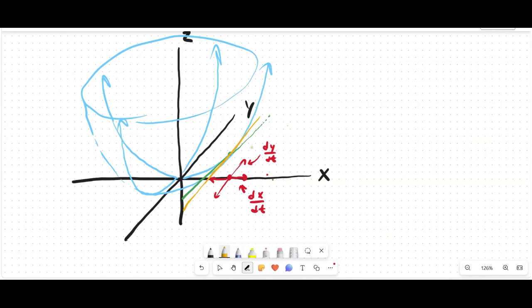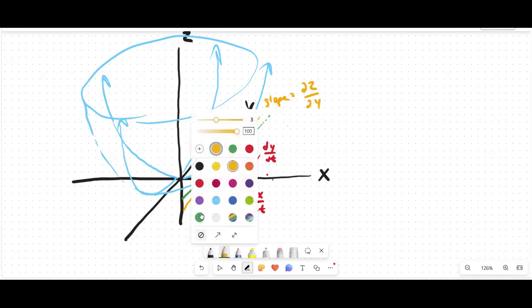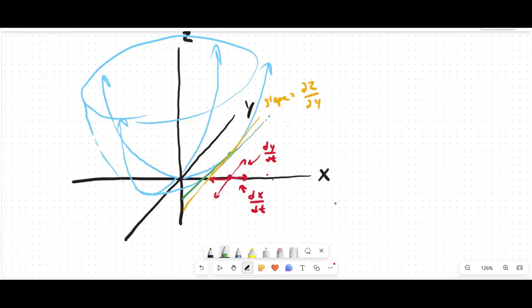A tangent line in the y direction. So the slope of the orange line would be, let's say, partial z or partial f, you could say, partial y. And then the slope for the green line is partial z partial x.